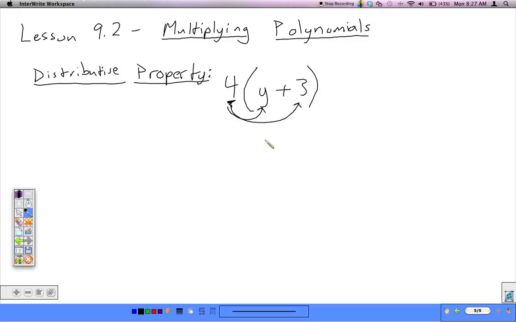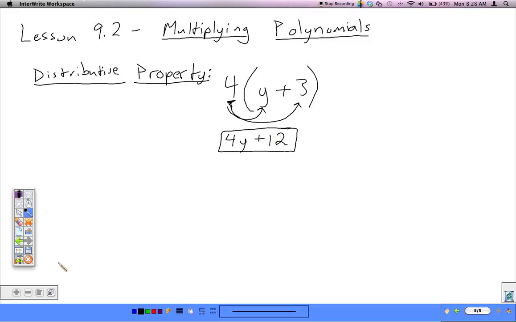That's why it's known as the distributive property, because it distributes to each term. So we take 4 times y, that results in 4y. Then we take 4 times 3, that results in, since they're both positive, positive 12. And because we cannot add a term with a y and a term with no variables, this is as good as our answer can get.